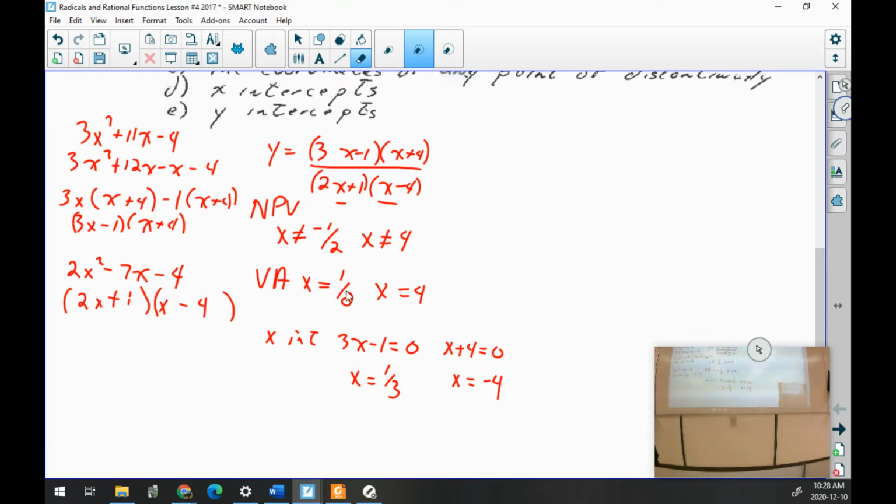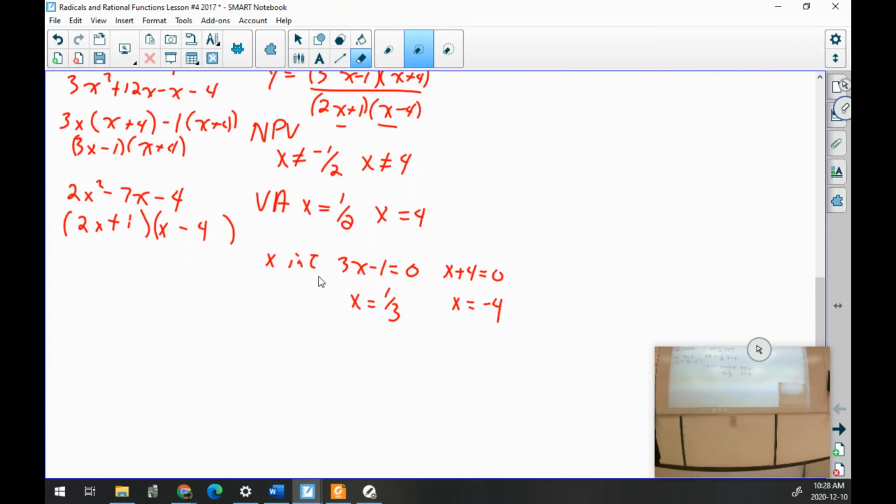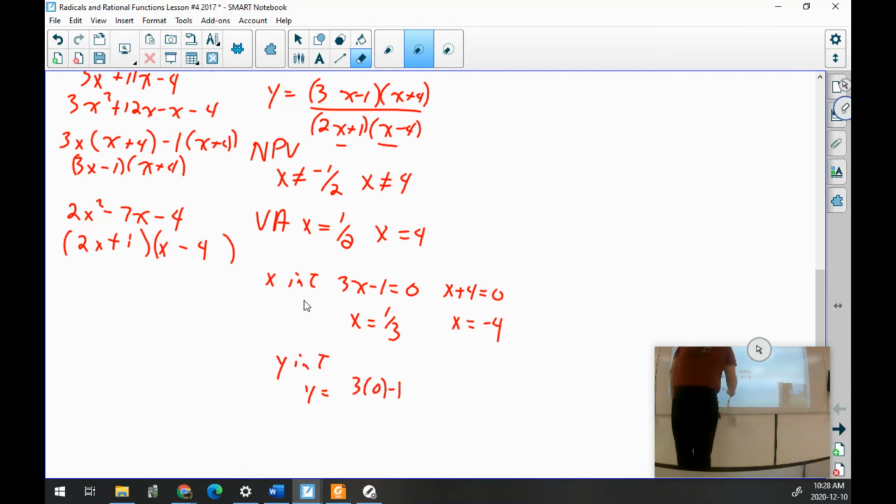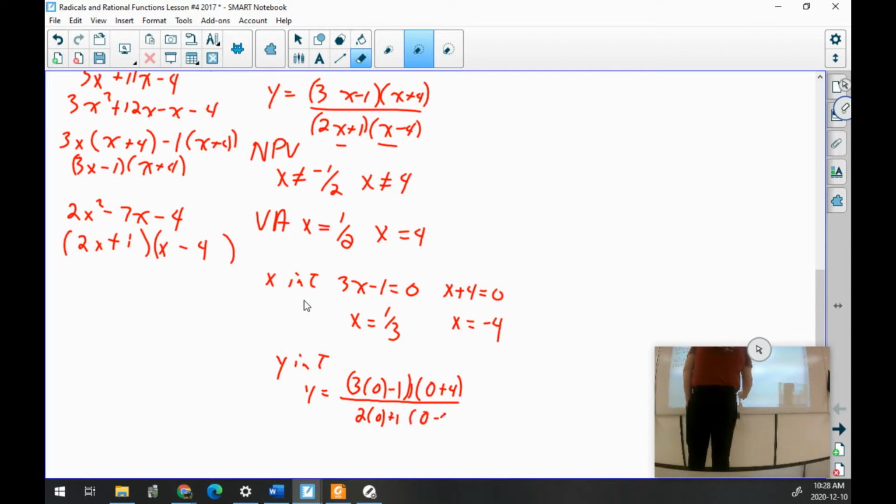And then finally, our y-intercepts, I'm going to plug in 0 everywhere. So y is equal to 3 times 0 minus 1, 0 plus 4 over 2 times 0 plus 1 over 0 minus 4.